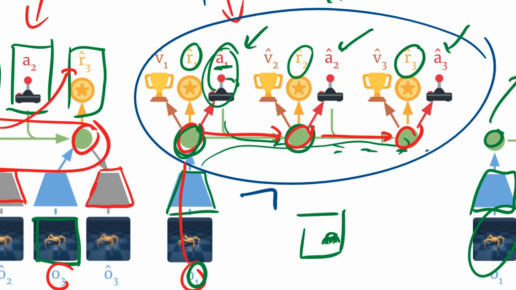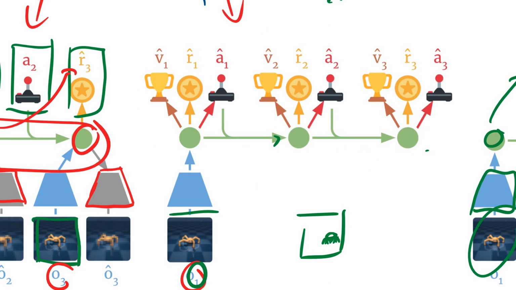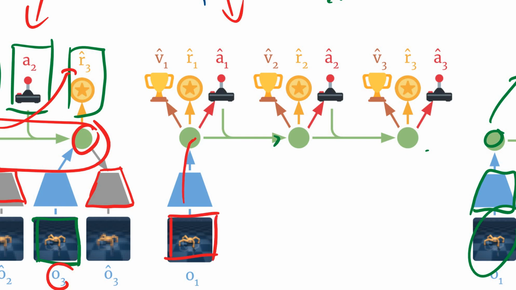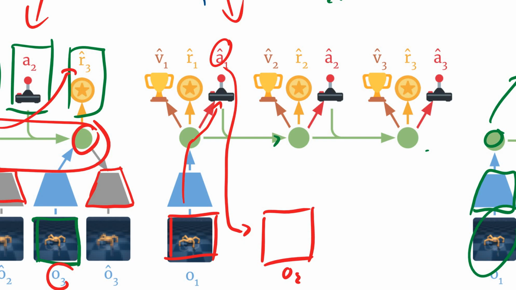So this is regular reinforcement learning, except that the difference is, in regular reinforcement learning, I have my observation, I encode it, and then I determine what action I want to take. Then I feed that action back into the environment, which would give me the next observation, and then I'd use that to determine, maybe in conjunction with the last hidden state, the next action.